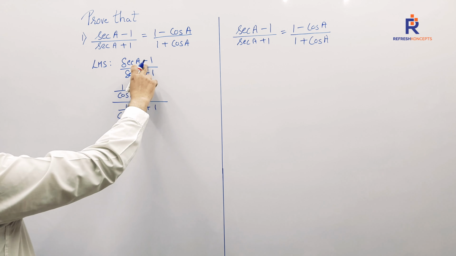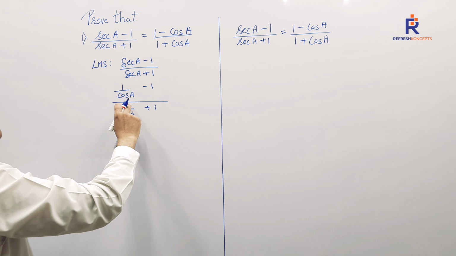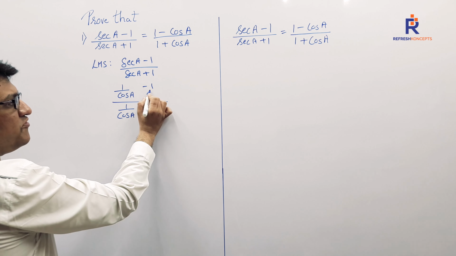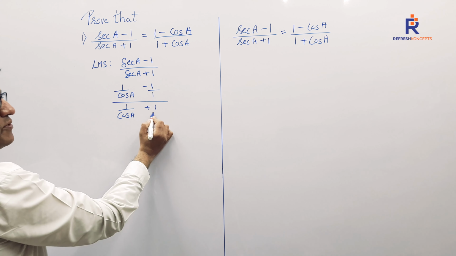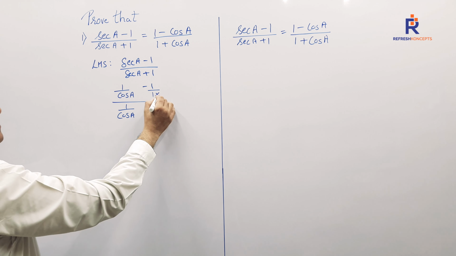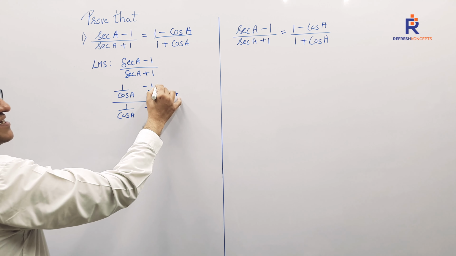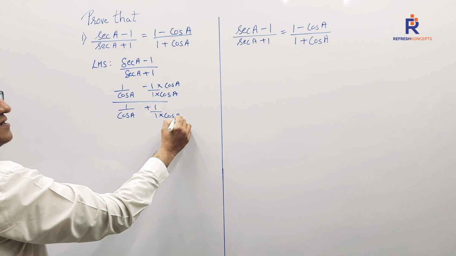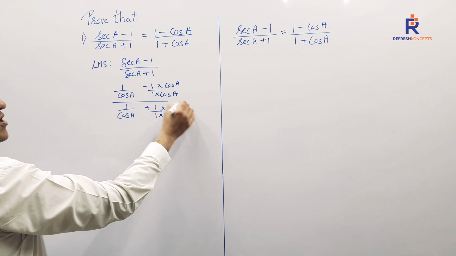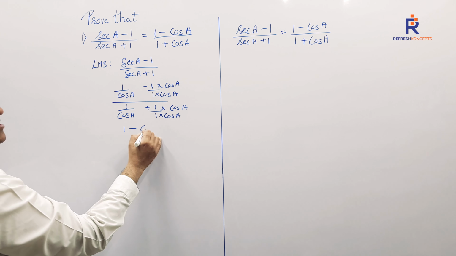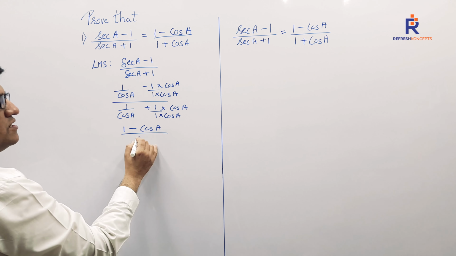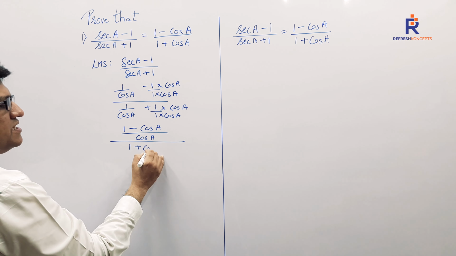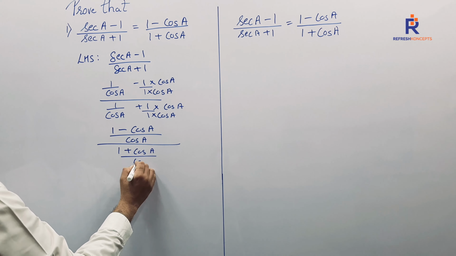Now don't you think we need to take an LCM, which is cos A, in both? What's there? 1 minus cos A by cos A, whole upon 1 plus cos A by cos A.